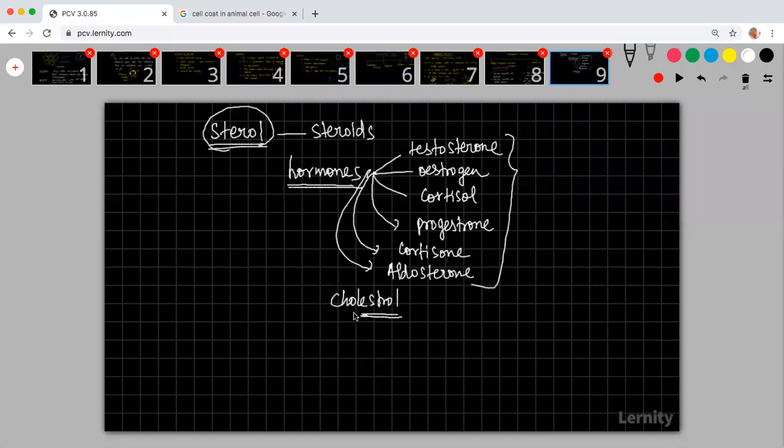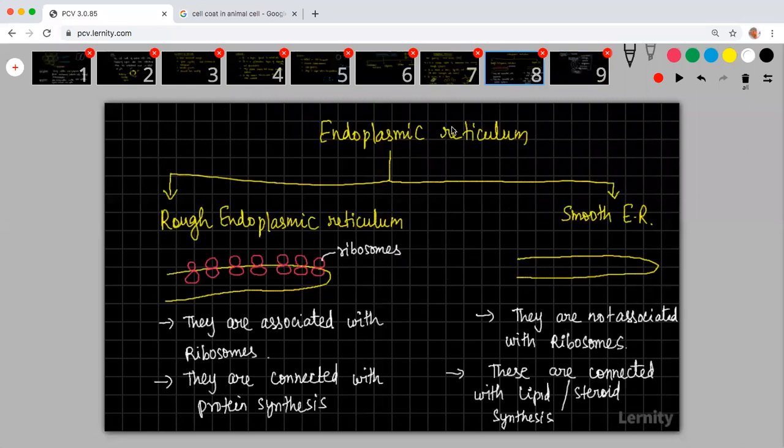Cholesterol for that matter is a sterol-containing compound, not exactly a steroid, but these hormones are produced from cholesterol. Please understand that these are all produced by the smooth endoplasmic reticulum.